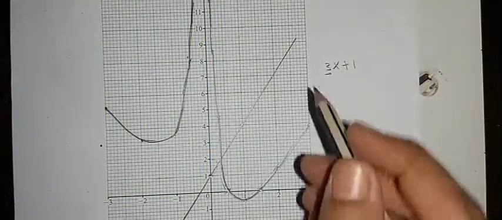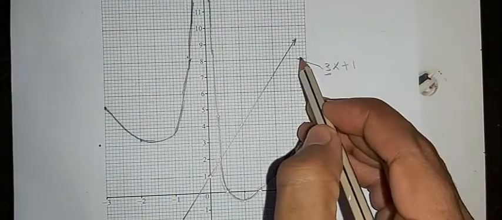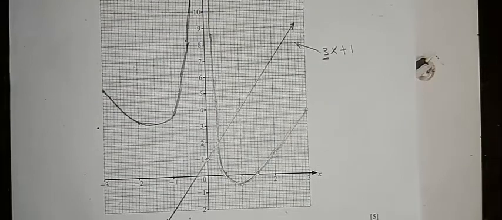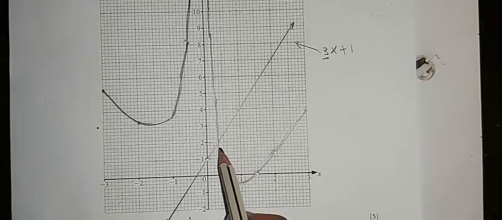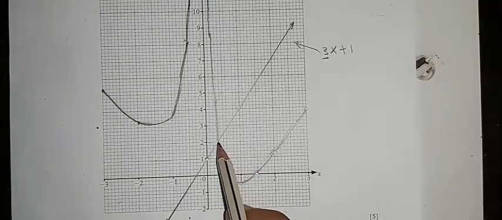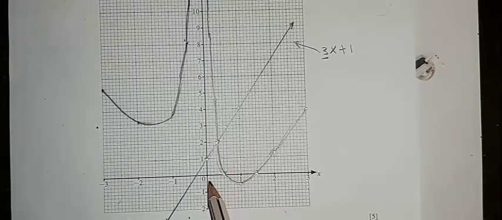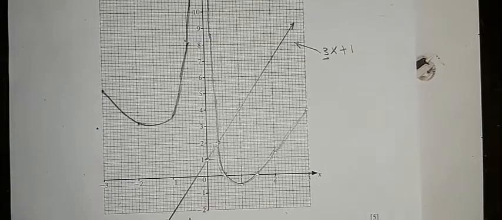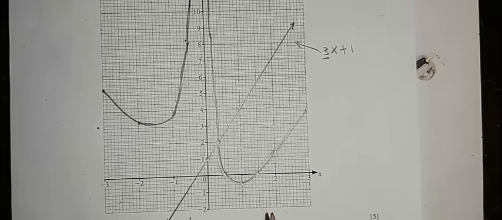And this will be the line of 3x plus 1, and you can find here that the point of intersection is only one point here, this point with x equals maybe like that, okay?